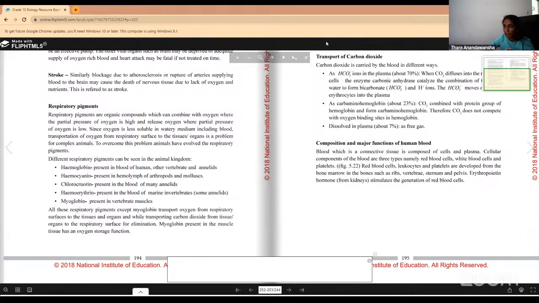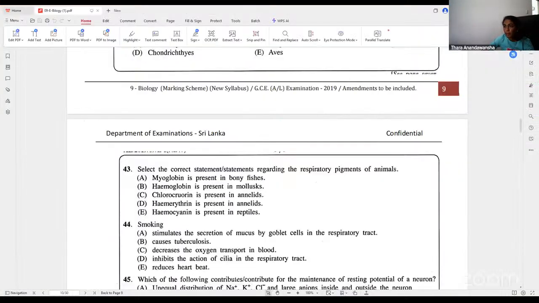So let's go to the question and see. It says myoglobin is present in bony fishes. Yes, bony fish is obviously a vertebrate, so it should have. Hemoglobin is present in mollusks? No, hemoglobin is only present in humans, other vertebrates, and annelids. Chlorocruorin is present in annelids, yes.